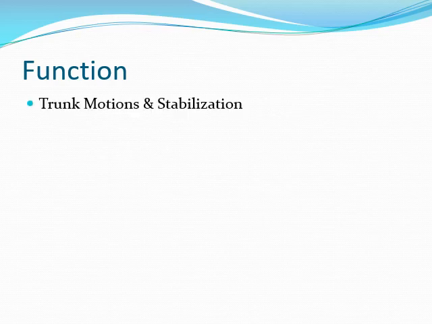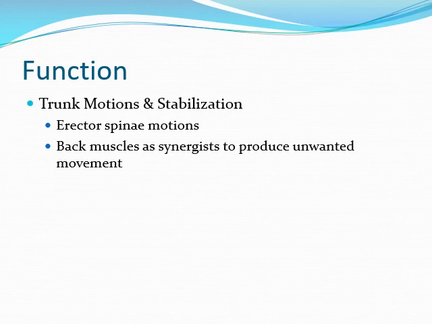So when we're talking about trunk motion and stabilization, the erector spinae, or the spinal erectors, are going to do extension, rotation, and they do contribute a little bit of side bending. The back muscles will act as synergists to prevent unwanted movement.